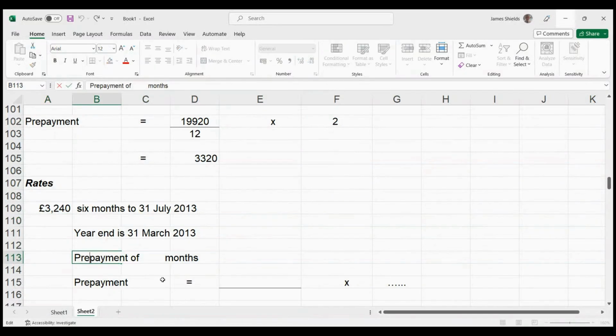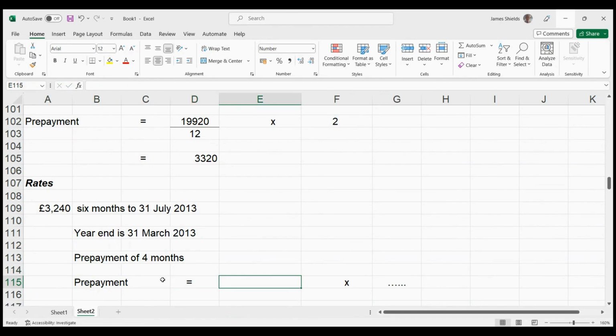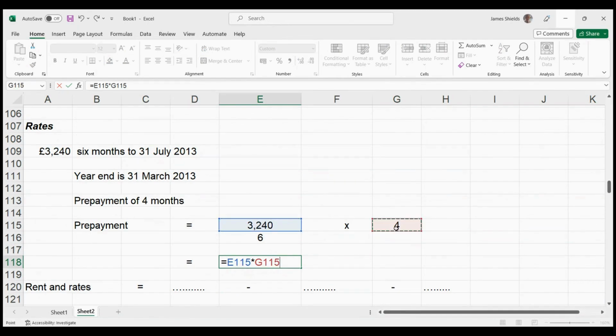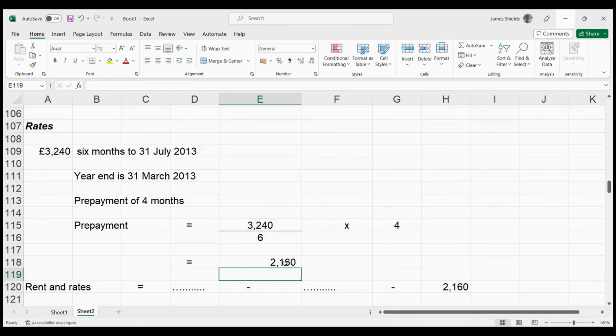So that means there's a prepayment there of 4 months. So to work out the prepayment, again, you take the amount paid, £3,240. It was for a 6 month period, so you divide by 6 for 1 month. And to get 4 months, you times it by 4. So you have 3,240 times by 4 divided by 6. So we have a prepayment of £2,160.